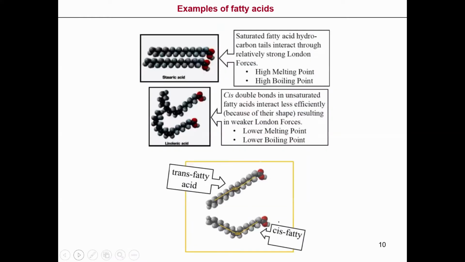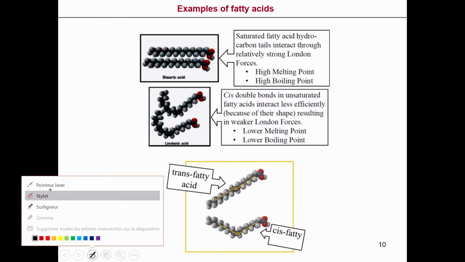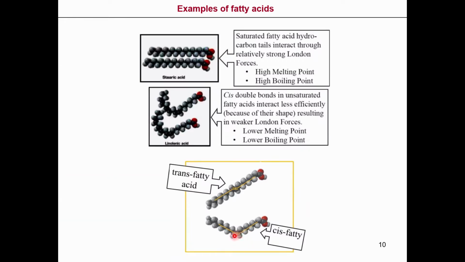So this is the cis fatty acid: you have the double bond here and the two H in the same direction, and in the trans, you have the two H in different directions.